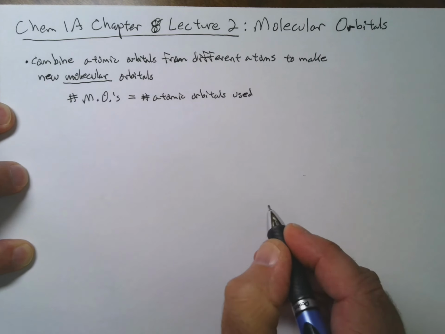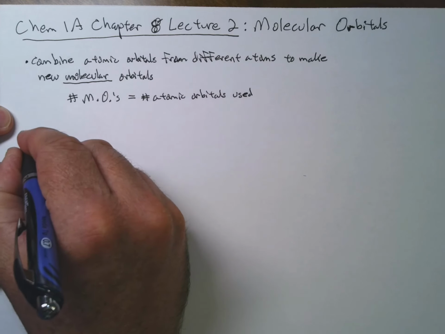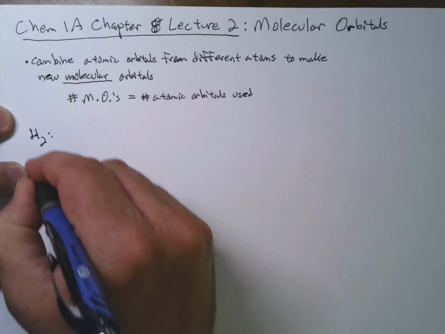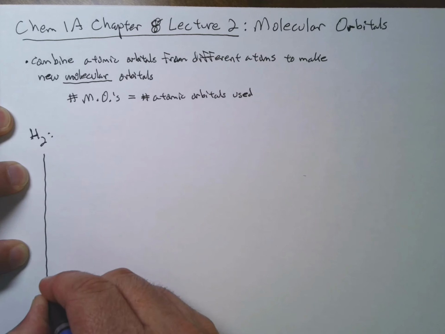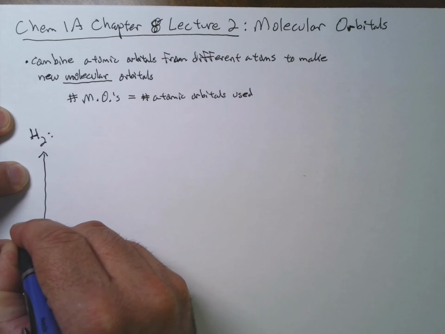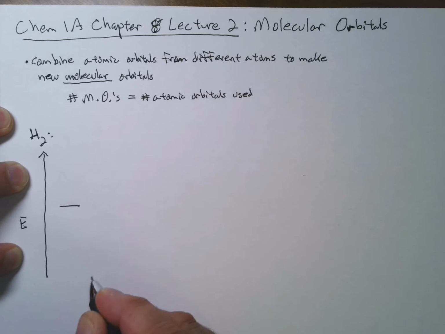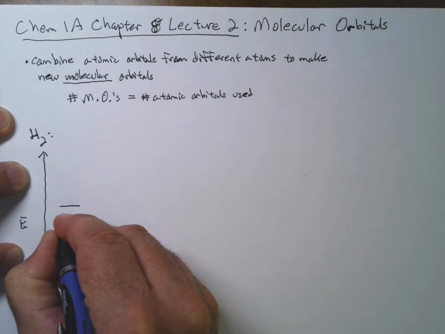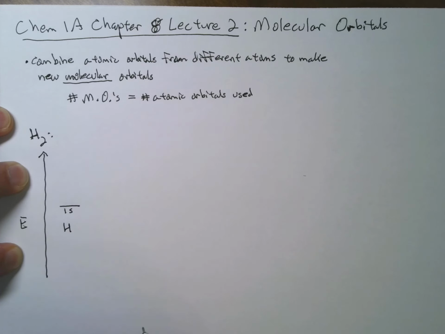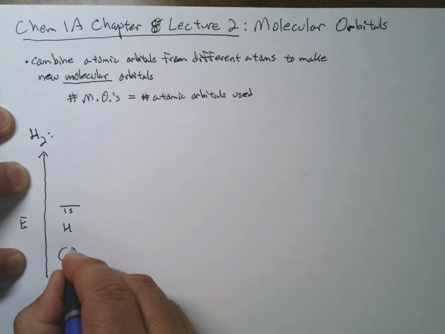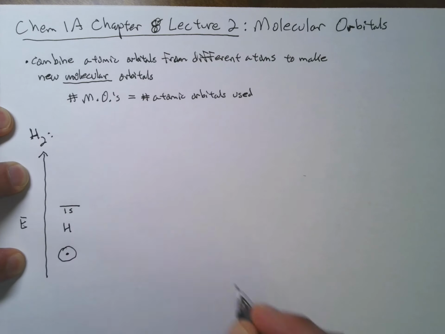So let's look at an example. Let's look at H2. And we'll go ahead and we'll have some energy axis here. And we'll have a hydrogen atom with a 1s orbital. So it's going to look like that.